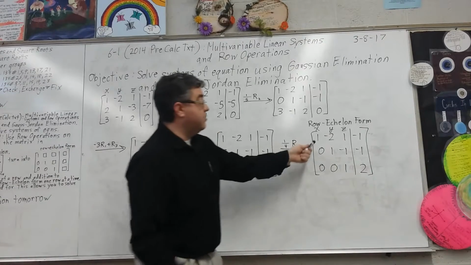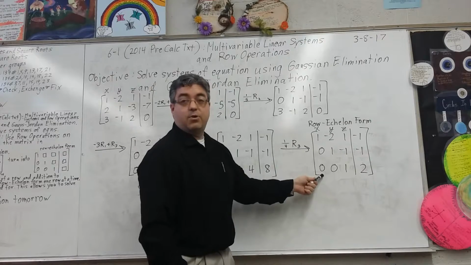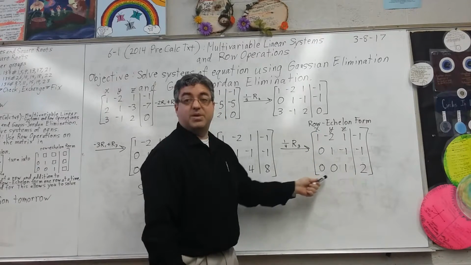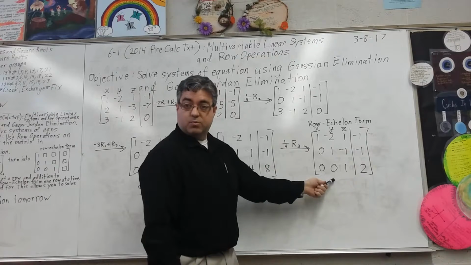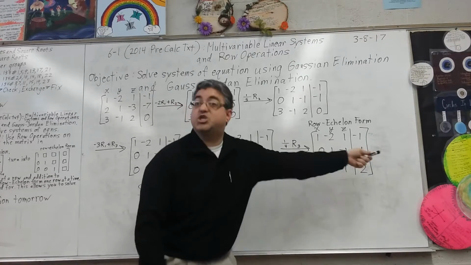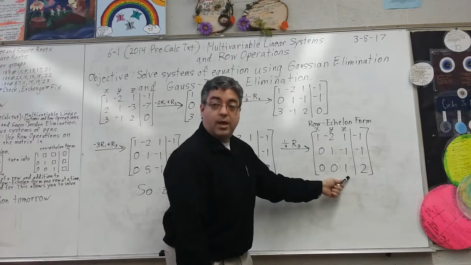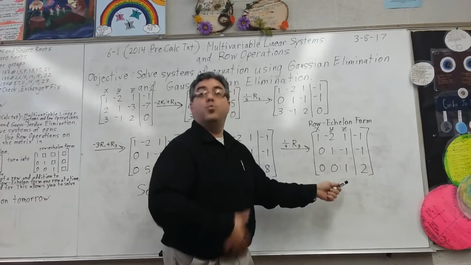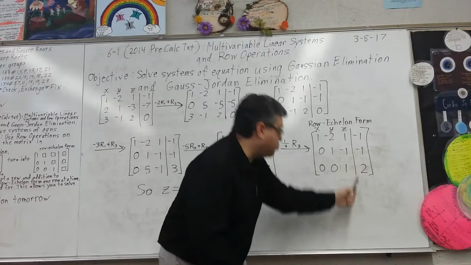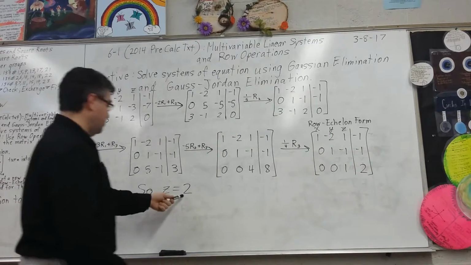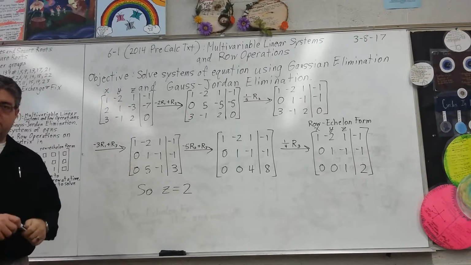So when I got down here, this is 1x, 0x, 0x. Negative 2y, 1y, 0y. But 0 times x is 0, 0 times y is 0. And there is addition in between these. And then z and 1. That's 1 times z, which is z. This represents the equal sign, and then 2.